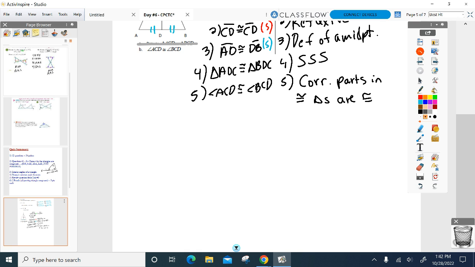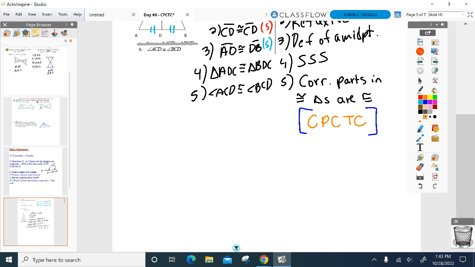Before we go to the next one, that'll be the last time I write that down in a reasons column. It can be for you too if you choose. I am going to write an acronym for it, which is the following. CPCTC. Corresponding parts, congruent triangles are congruent.